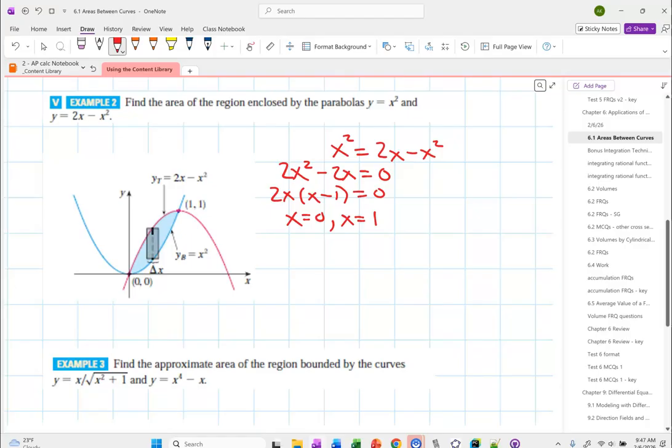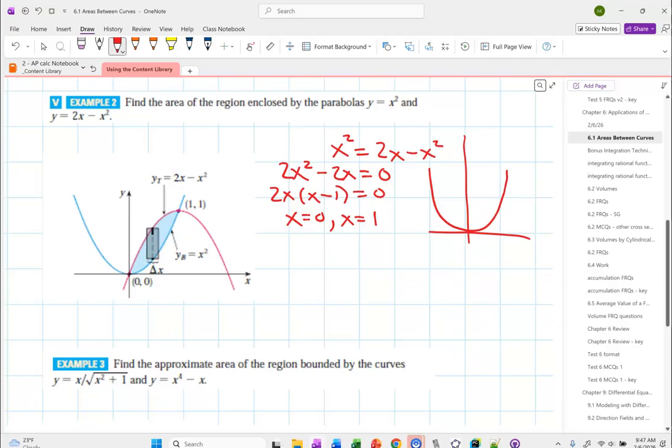Sure. Everybody good with how I did that? Just a little bit of algebra 2 stuff there, solving a quadratic. Maybe that's even algebra 1. That's a pretty easy quadratic to handle. Now, if I think about which one's on top and which one's on bottom, that should be easy. What's y equals x squared look like? What does 2x minus x squared look like?